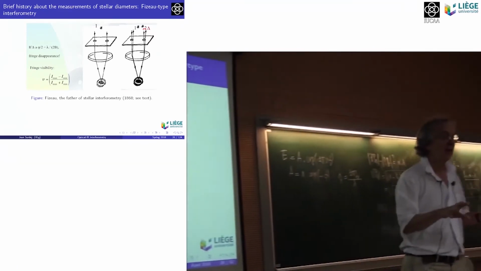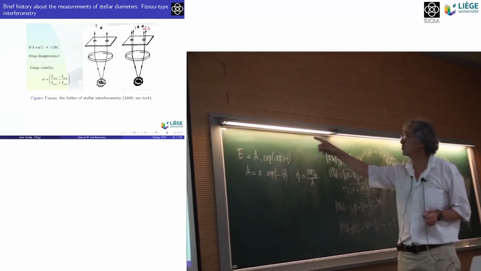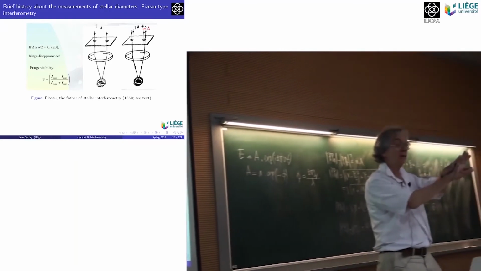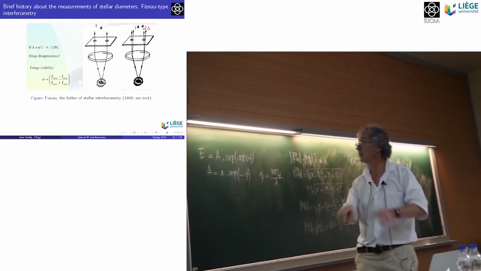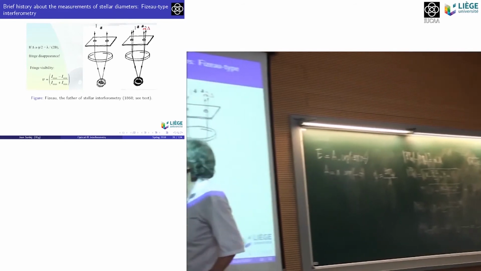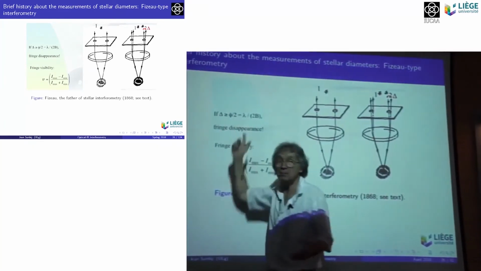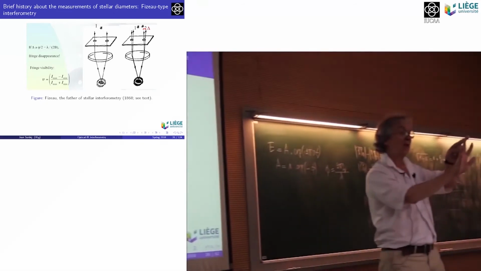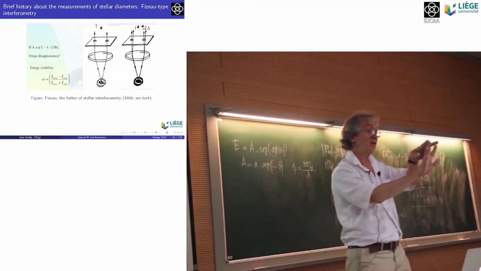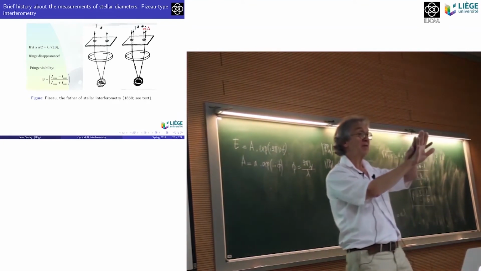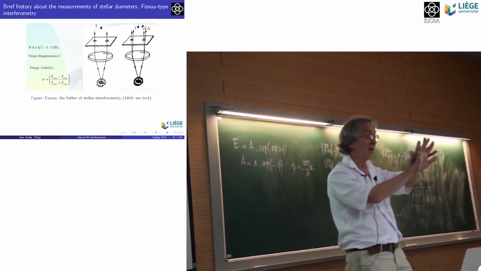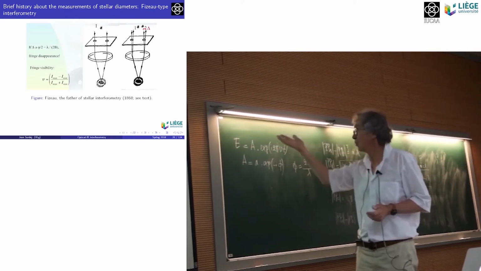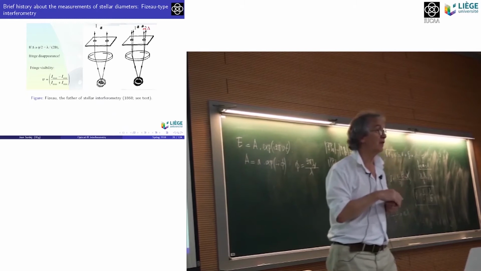So Fizeau proposed that the fringes would disappear for an angular shift delta, which is just phi divided by 2, because we know that phi is the angular distance between two interference maxima. If the angular separation is half that value, there is disappearance of the fringes. This was the intuitive idea of Fizeau.